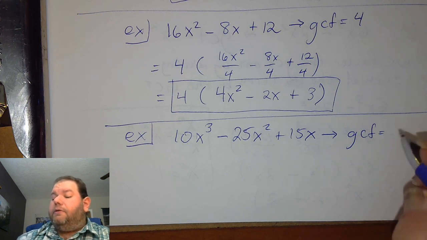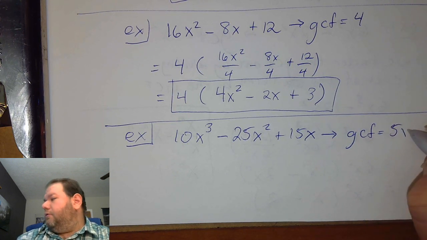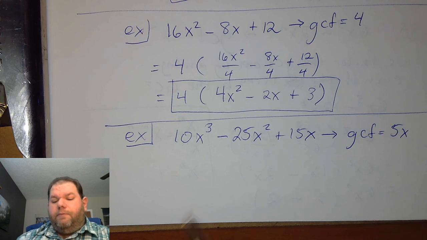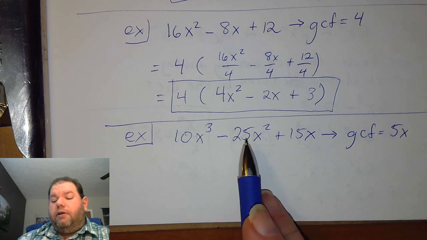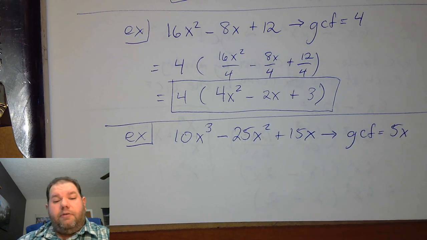It is 5x. Good. 5, of course, because we are looking at the 10, the 25, and the 15. All of them have a 5 in common. And nothing higher than 5, because we look at the numbers and we see nothing else makes sense.